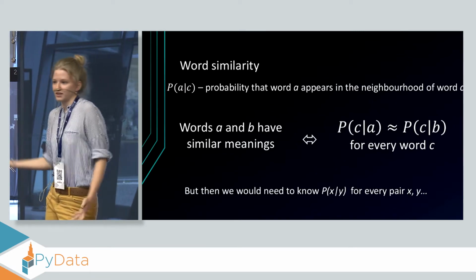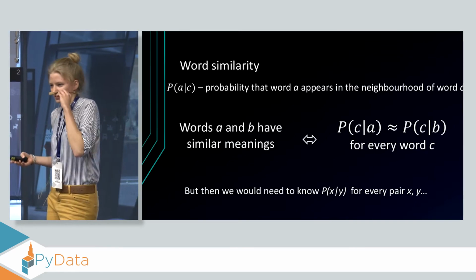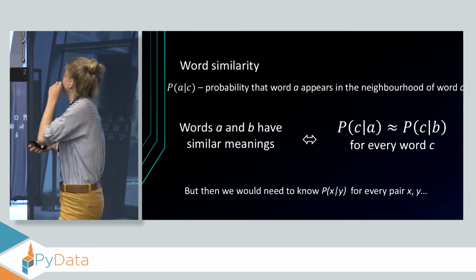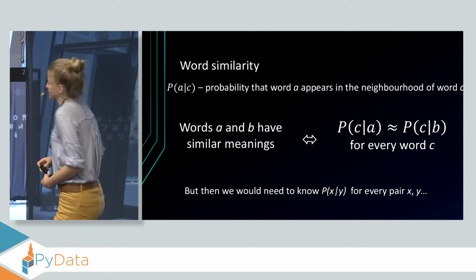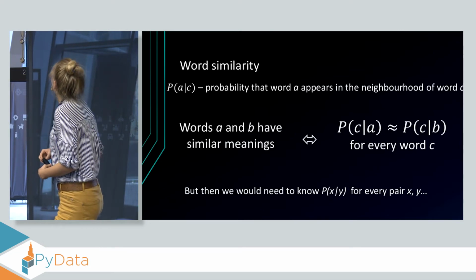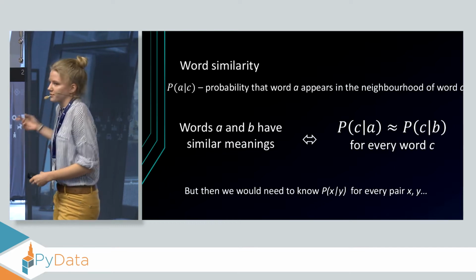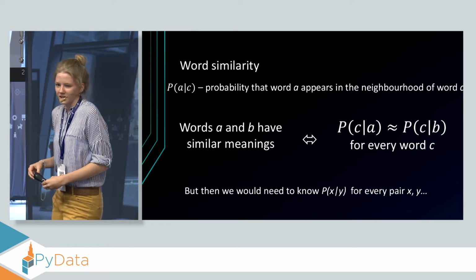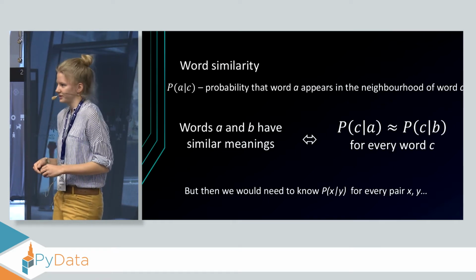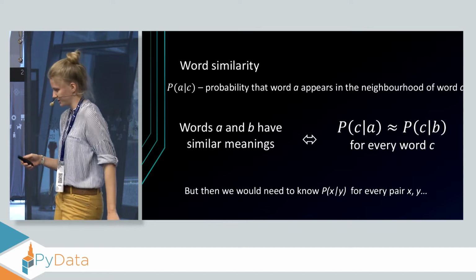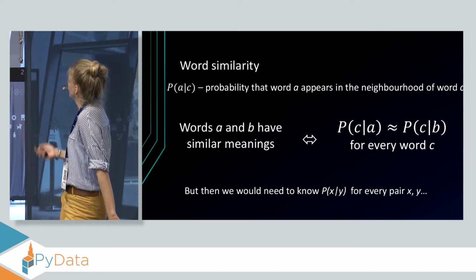So that's great, we can tell if two words have similar meaning. But to do that, we would have to know the probabilities for each pair, and that's quadratic memory, and we don't like that. That would be gigabytes of space.